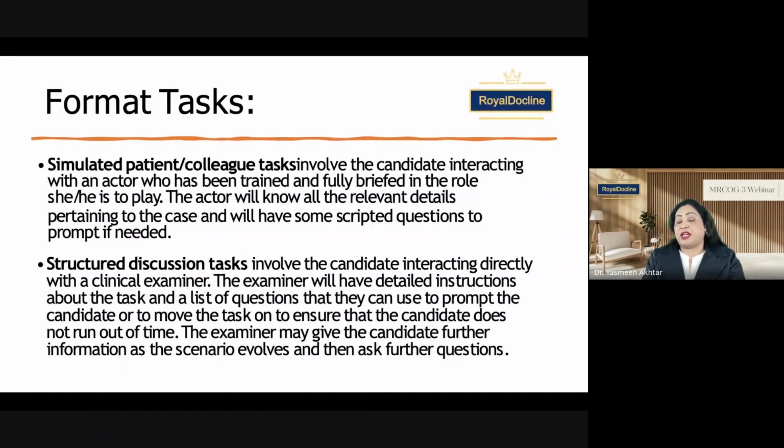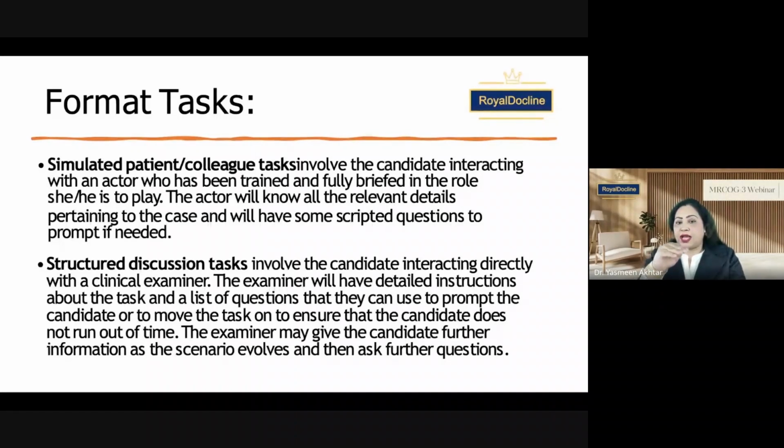The examiner also has detailed instructions on how he has to behave, and we are instructed to behave as a mask face. We don't say anything, we just give a prompt for the candidate so that he moves through the task quickly and does not waste his time or run out of time. The examiner may give the candidate further information as the scenario evolves, and then he or she may ask a further question.